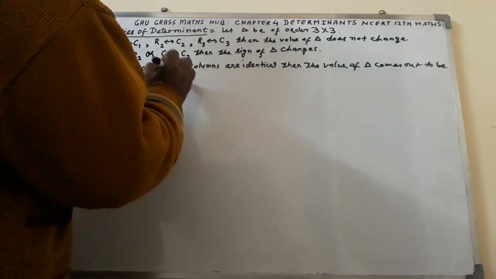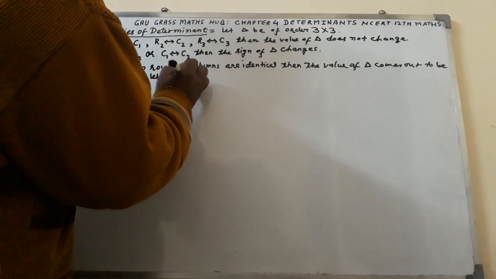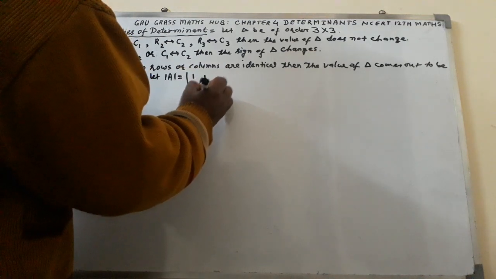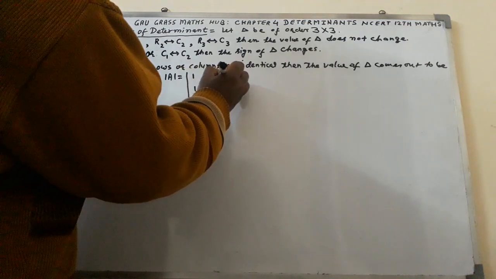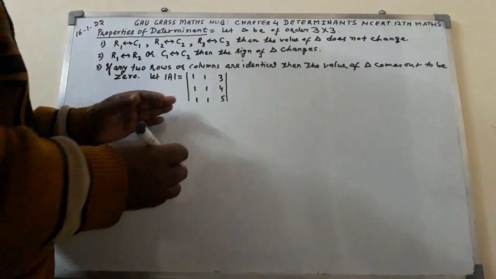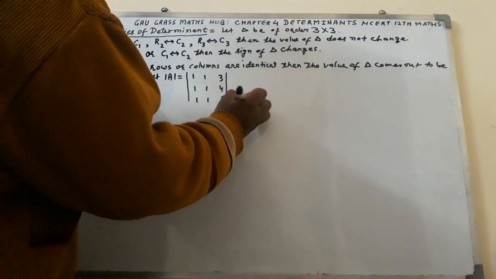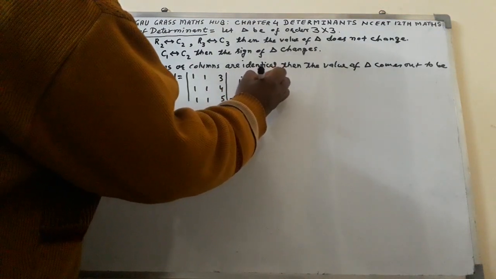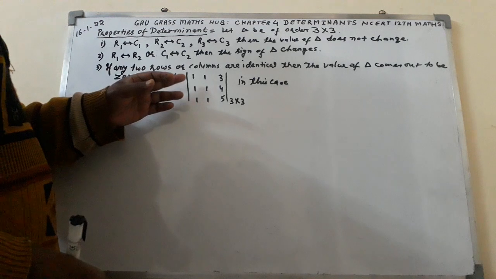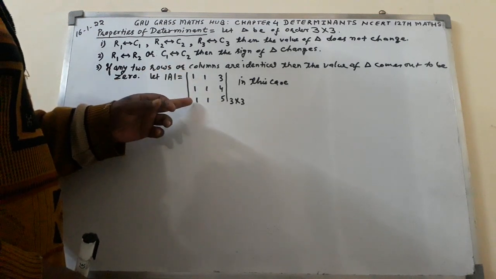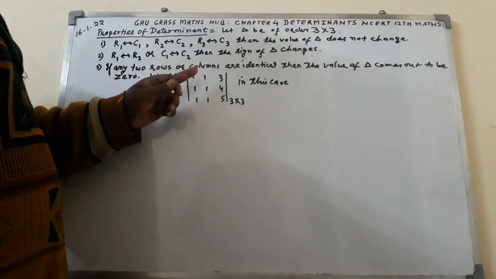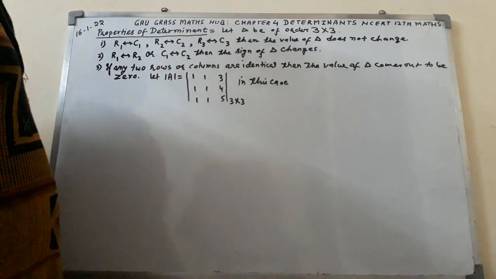Let determinant A equal the determinant with rows 1 1 1, 1 1 1, 3 4 5. This is a determinant of order 3 cross 3. In this case, the first column has the elements 1 1 1. The second column has the elements 1 1 1.